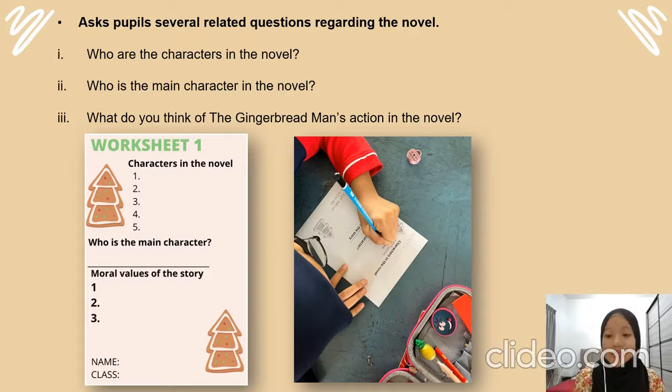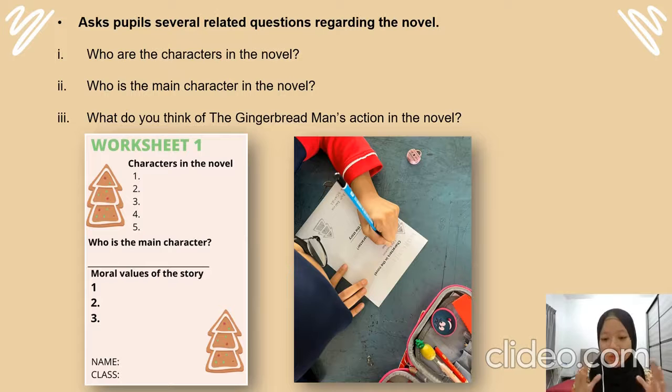To check their understanding, the first question I ask is who are the characters in the novel, because the characters in the gingerbread man are very vivid and appealing. I will also ask them who the main character is. Because I have taught them about literature before this, they have the idea of what a main character is.